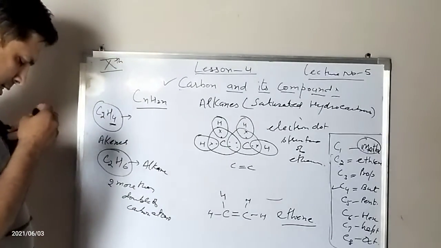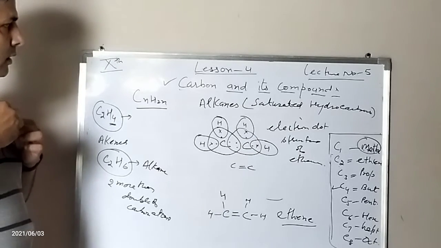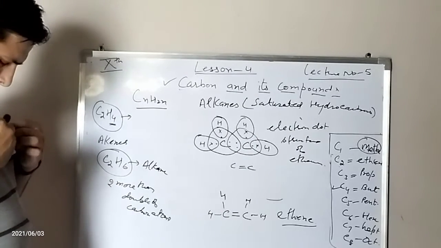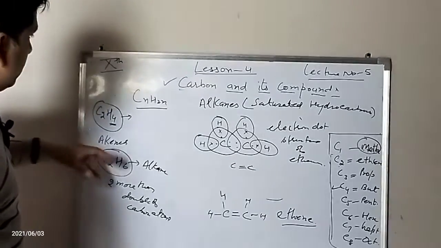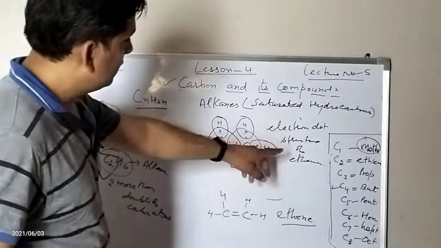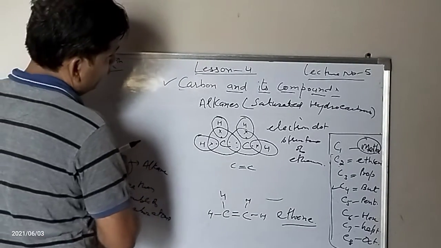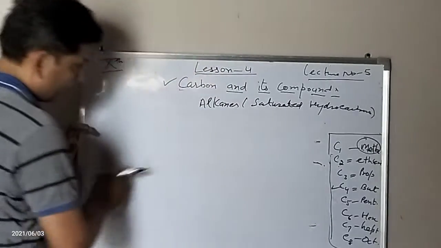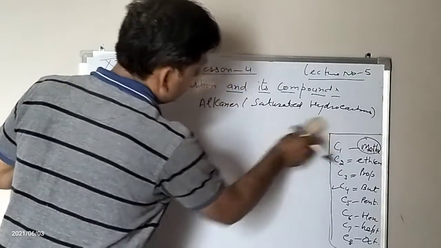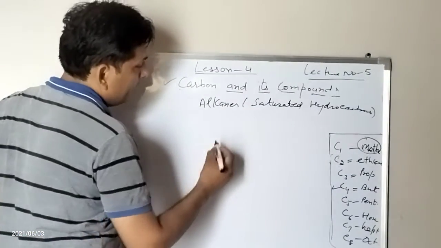Now let us discuss some other compounds of carbon which belong to the alkene family, and we will also try to learn their naming.